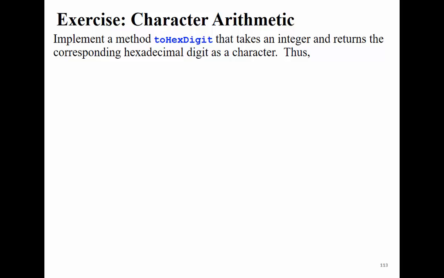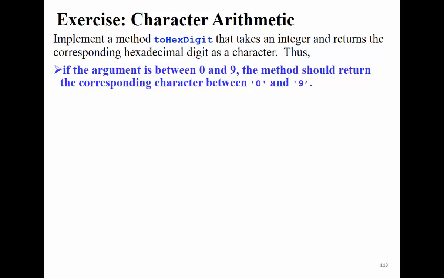Now this is an exercise where we have to implement a method to hex digits. So what is the hex digits? If the argument is between 0 and 9, we're going to return 0 to 9, but we return what? A character, okay, with single quotes.